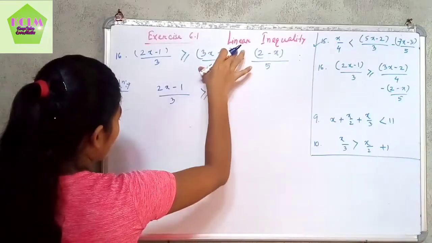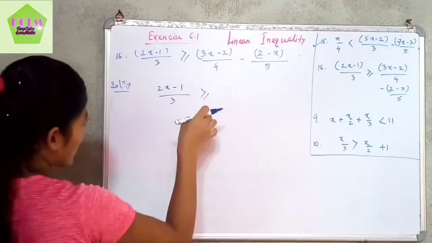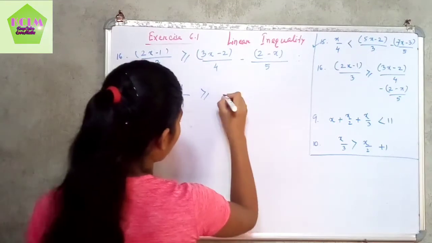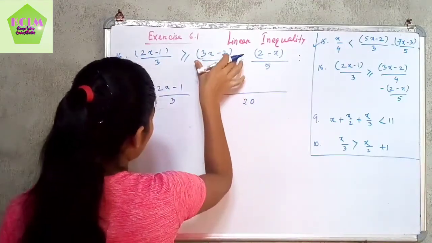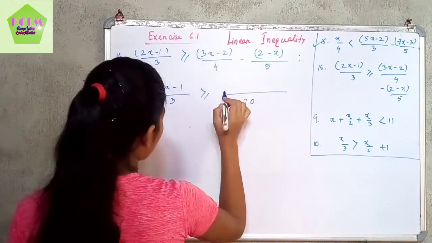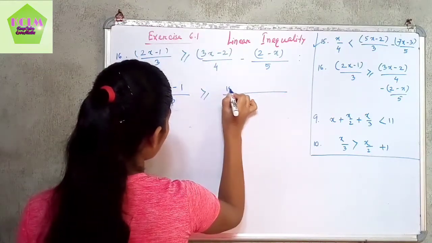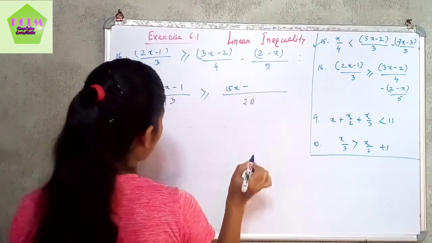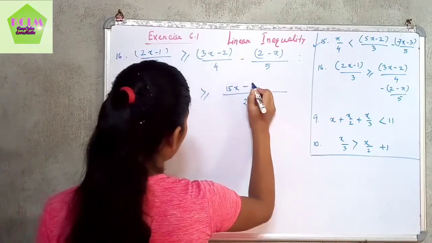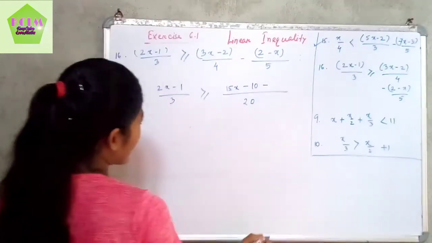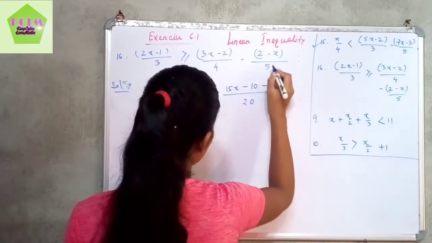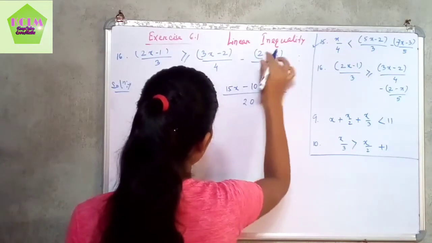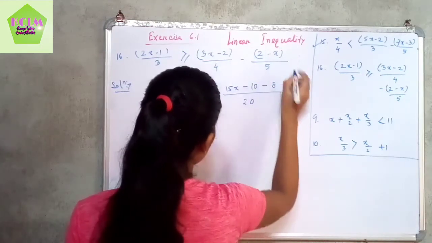Since these two terms are different, I take the LCM of 4 and 5, which is 20. Multiplying this term by 5, that is 5 into 3x, 15x, minus 5 into 2, 10, again 4 into this term, so minus 4 into 2, 8, minus minus plus 4 into x, 4x.